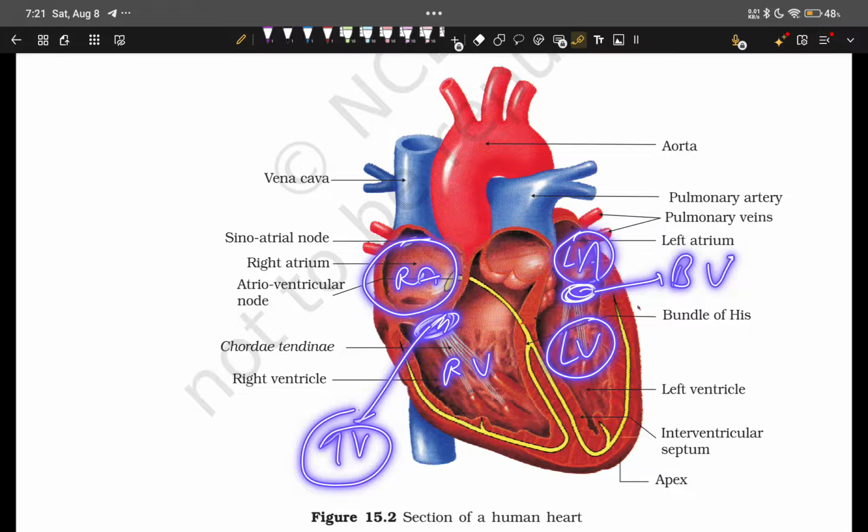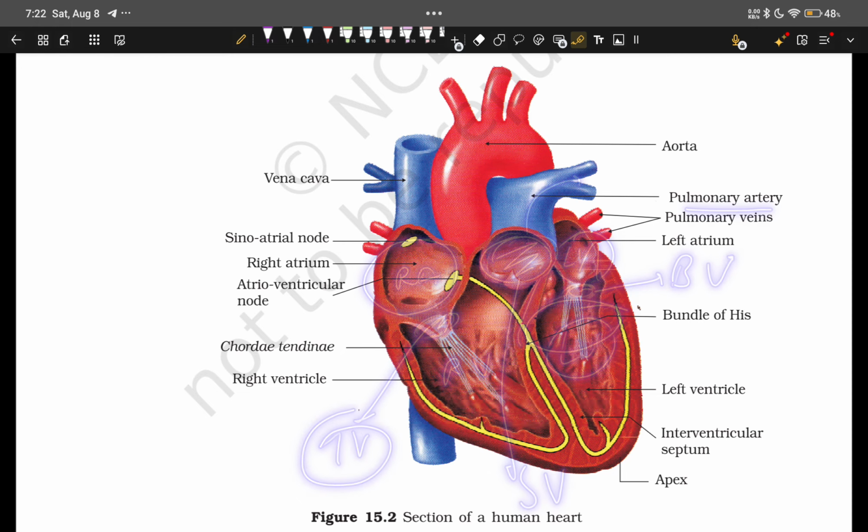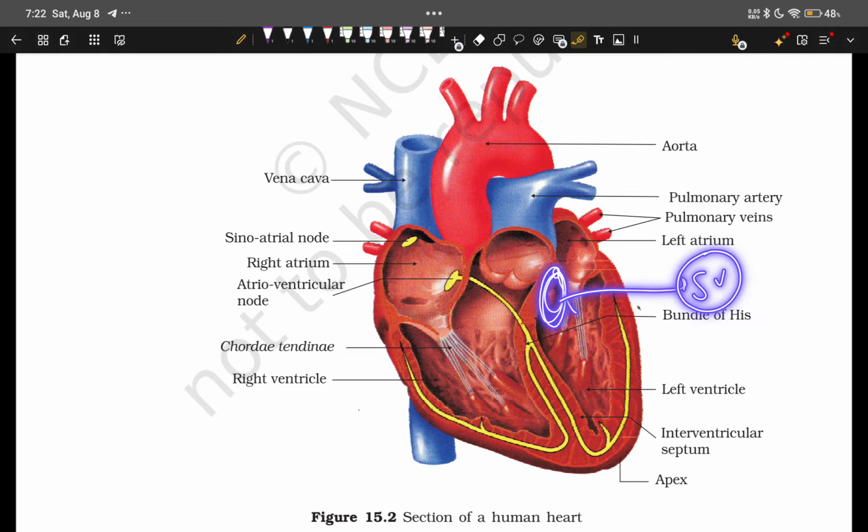You also have right ventricle connected to this pulmonary artery, and there is an opening between them which is guarded by semilunar valve. And the left ventricle also has an opening, and this is also guarded by semilunar valve. It opens into aorta. So I hope you understood.